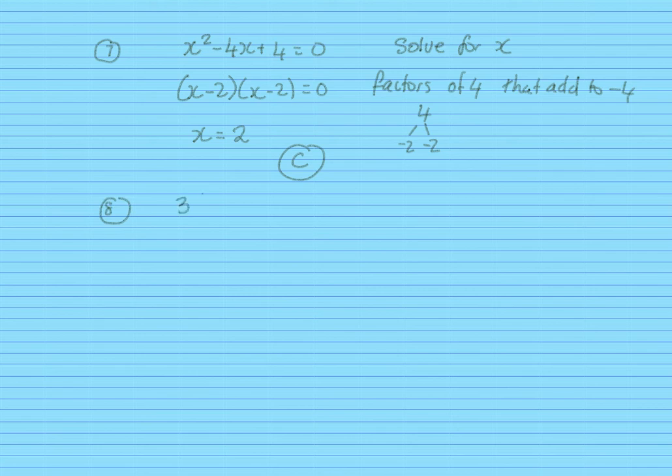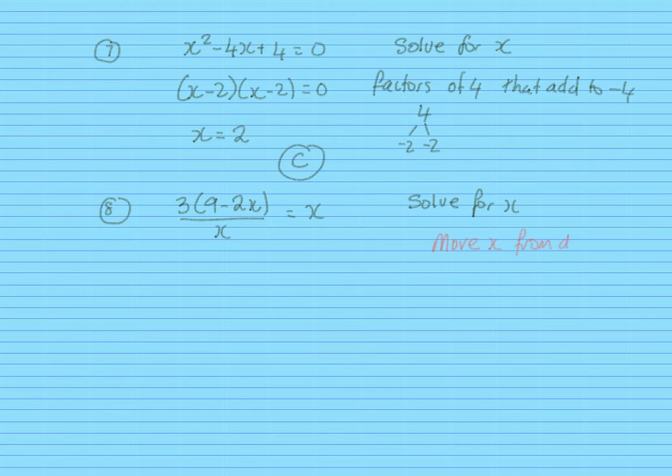Question 8, we want to find the solution to this equation. Now it looks a bit unusual because you've got a divide by x, and we usually don't like having those fractions. So the first thing I'm going to do is to get rid of that divide by x by moving it.